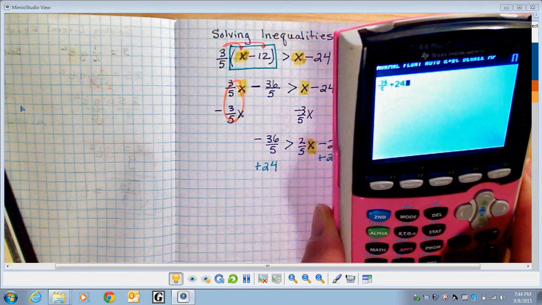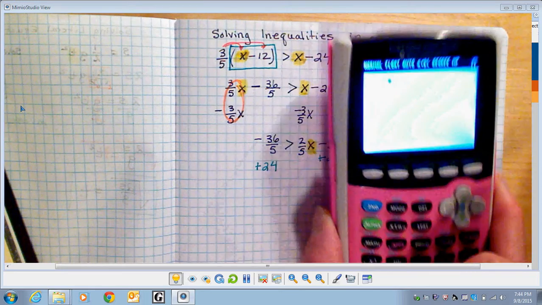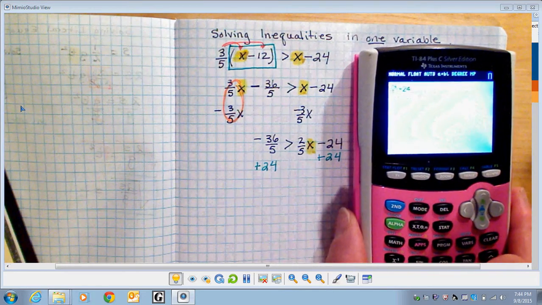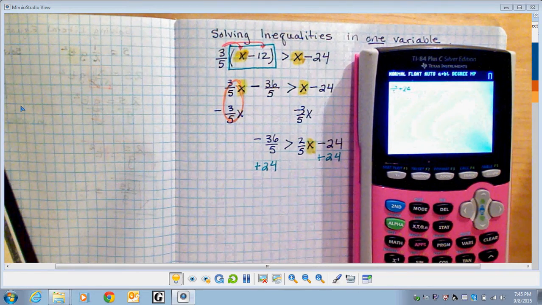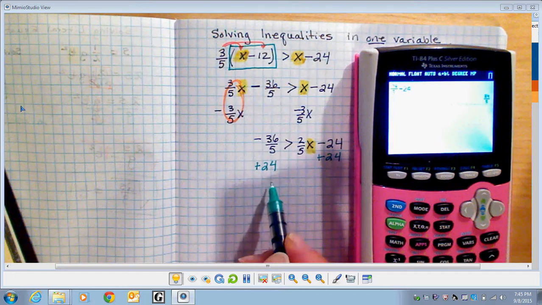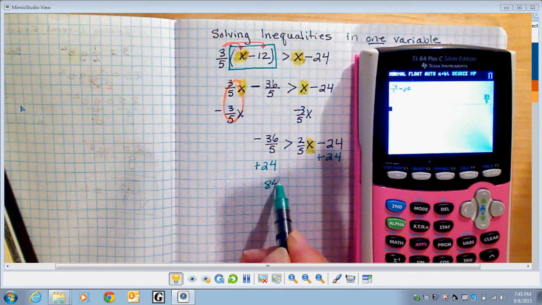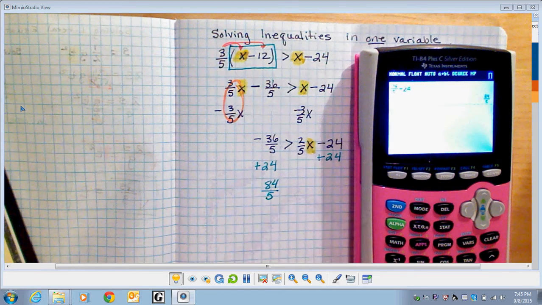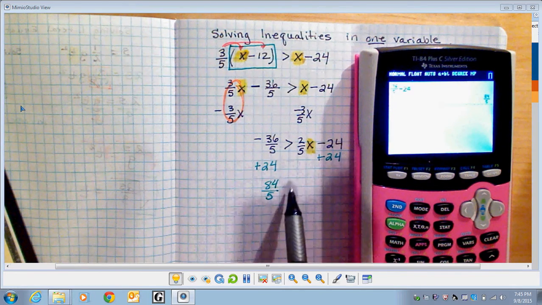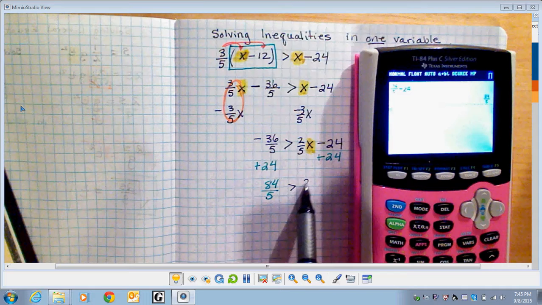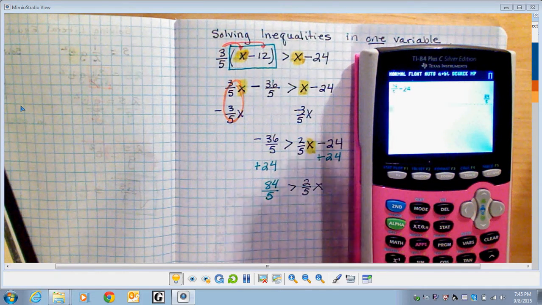So you can see that it's negative 36 divided by 5 plus 24. And then when I push my equal sign, my enter, it's actually telling me 84 over 5. So this is 84 over 5, and that's greater than 2/5 x.